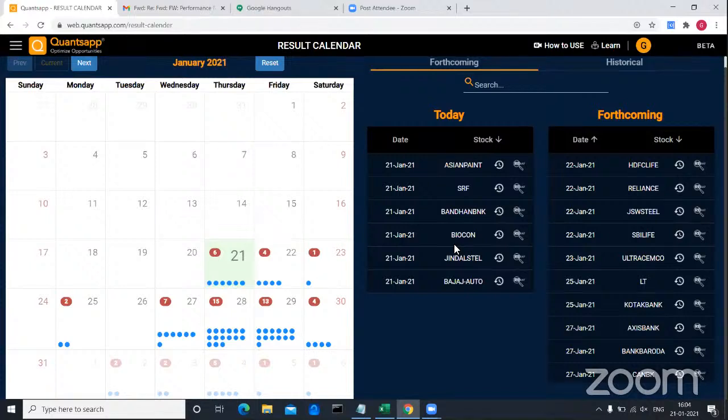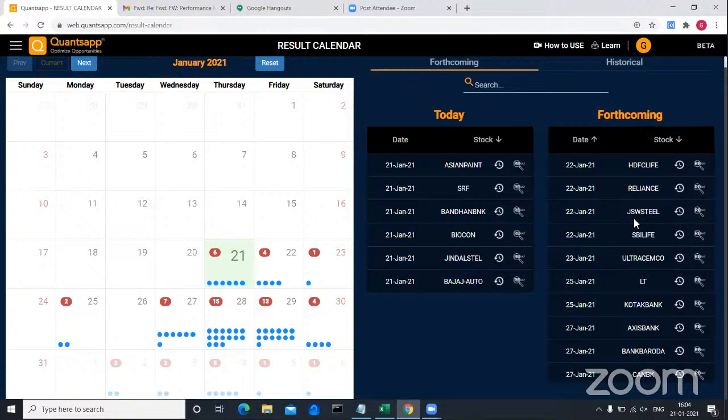On the next days, for the 22nd, tomorrow there are some big names, like HDFC Life and Reliance, the big companies announcing results. JSW and SBI Life too. These are the 4 companies announcing results tomorrow, and all are in derivatives.